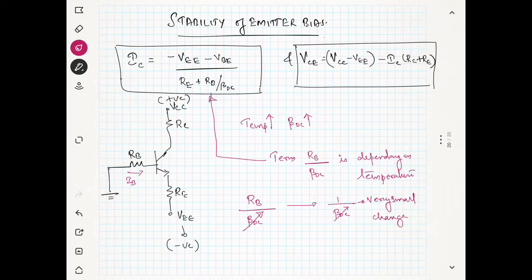Because of this, you can say that the variation in IC will be very small.